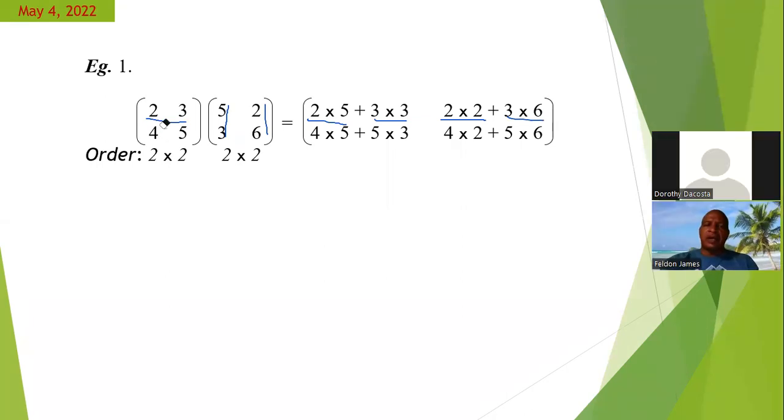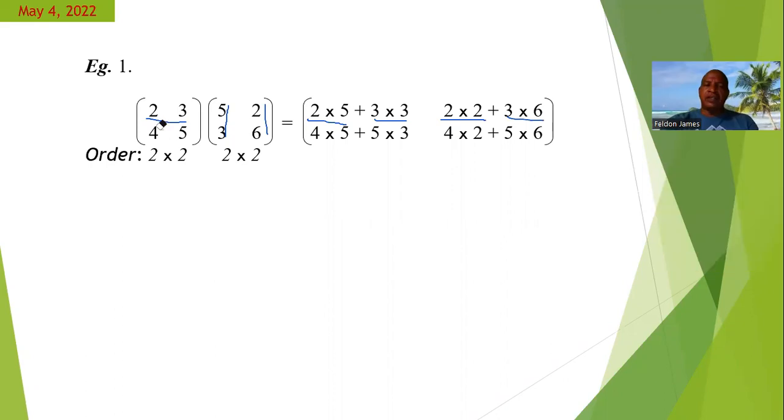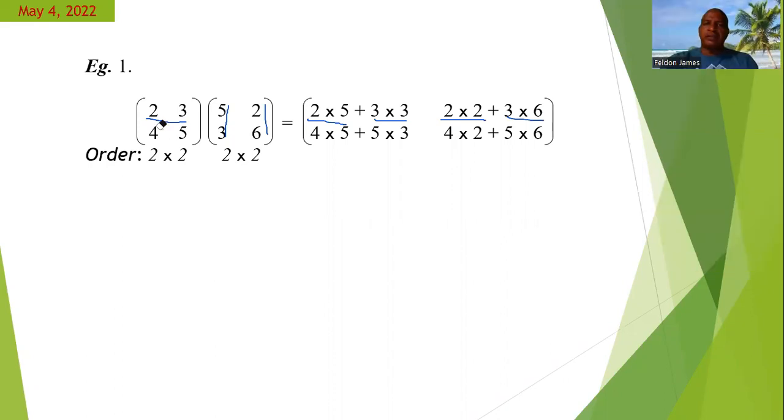All right, so having used the first row from the first matrix, now we are going to use the second row from the first matrix. So now we are going to use the second row with the first column. So now we are going to say 4 times 5, we get this.